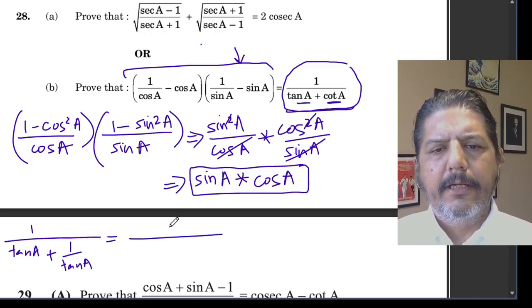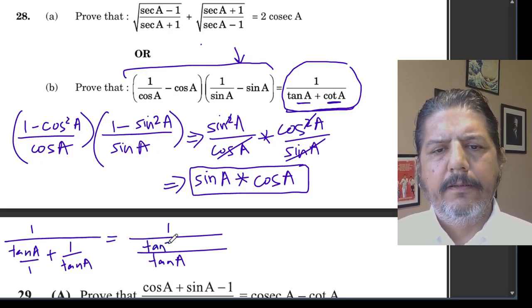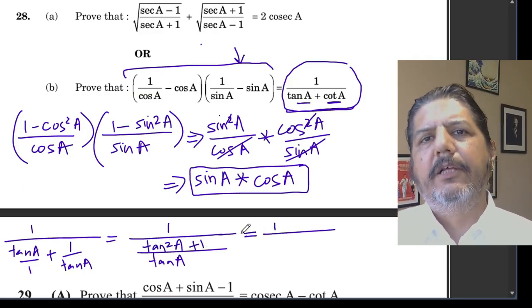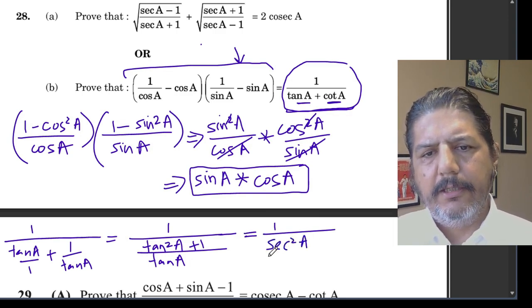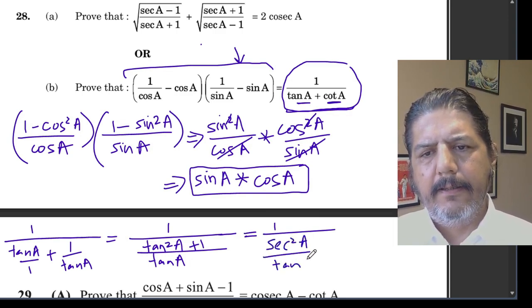If I take the LCM, it will be tan⁴A. This is tan⁴A upon 1, so this will be tan²A... plus 1 upon tan⁴A. 1 plus tan²A is equal to secant²A. So this will be secant²A upon tan⁴A.